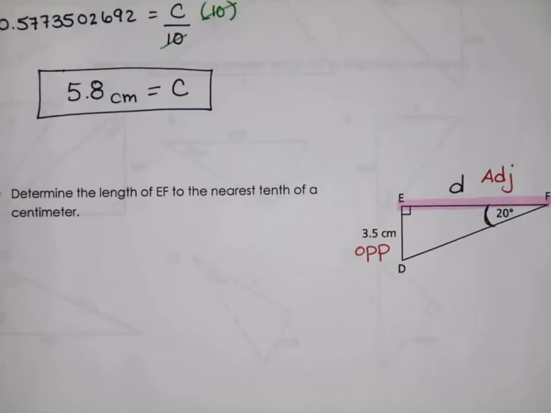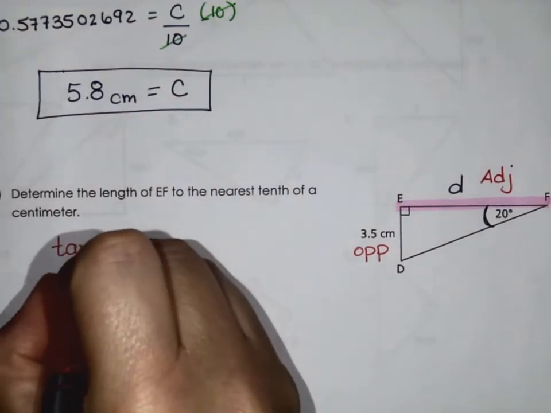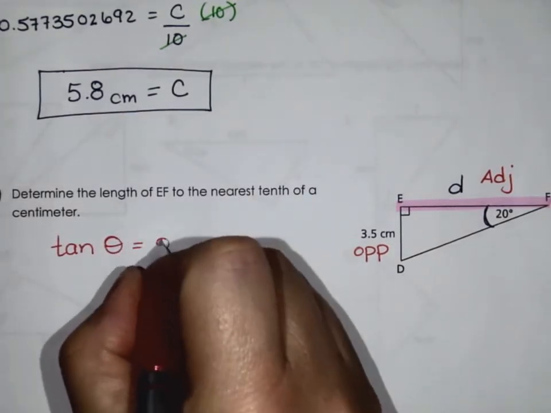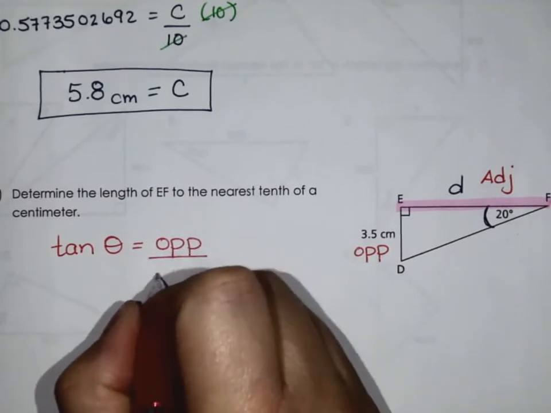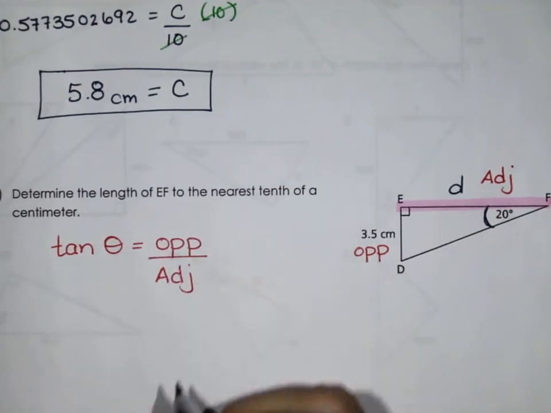Okay, trig formula with opposite and adjacent in it. Trig formula that has opposite and adjacent. Tan, you just did it, right? So tan of the angle is equal to the opposite side divided by the adjacent side.